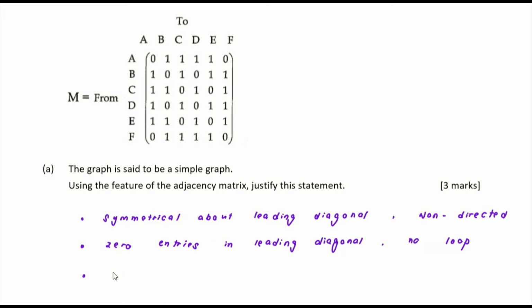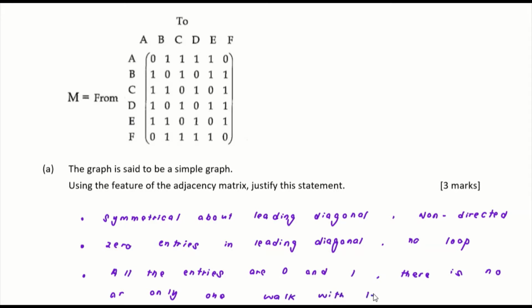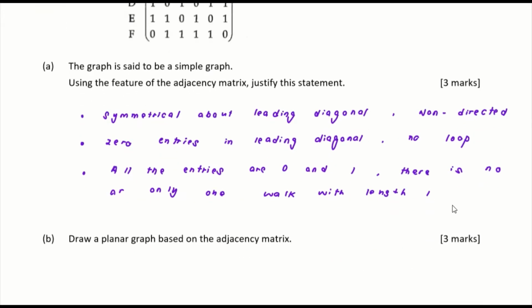You can write down: all the entries are 0 and 1, which means that there's no walk or only one walk with length 1 between the vertices.